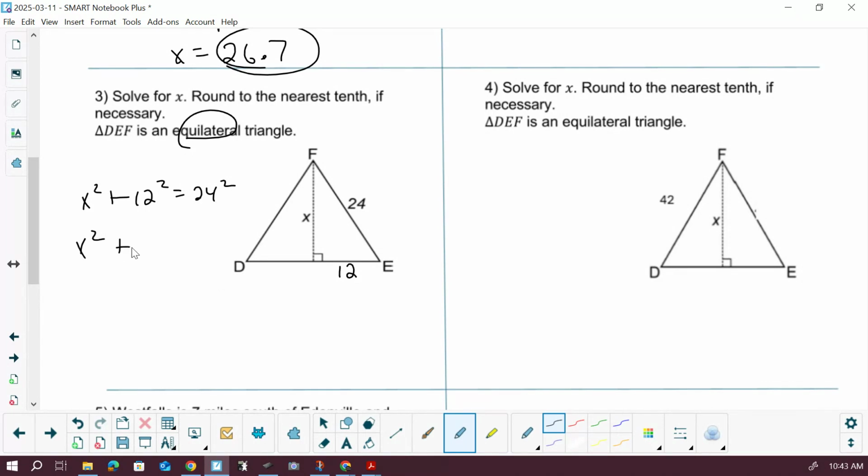So 12 squared is 144. 24 squared, excuse me, is 576. Subtract 144 from both sides, right? So I'm going to go minus 144, minus 144. 576 minus 144 is 432. Take the square root of both sides, and we get the square root of 432.